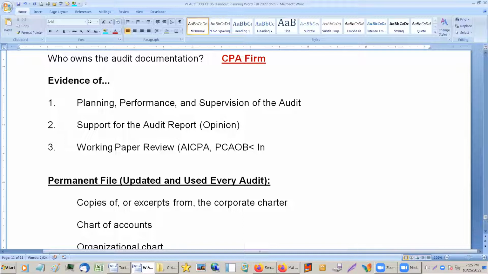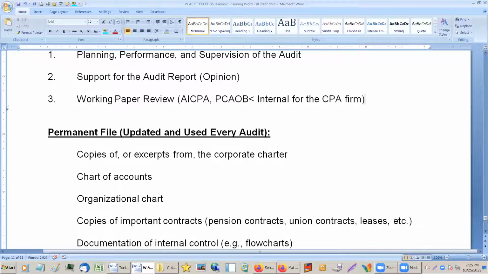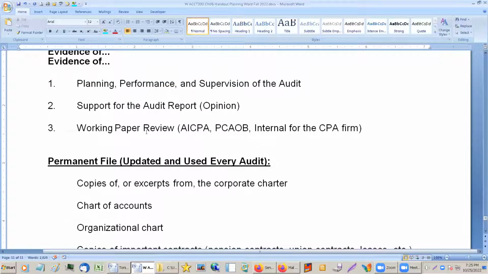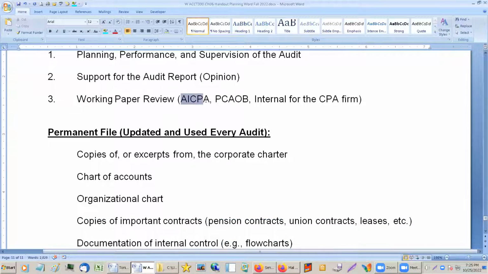And it could also be internal for the CPA firm. So working paper review: AICPA, it's possible they have a peer review. PCAOB, they will do examinations. And internal for the CPA firm, they will also be doing it.